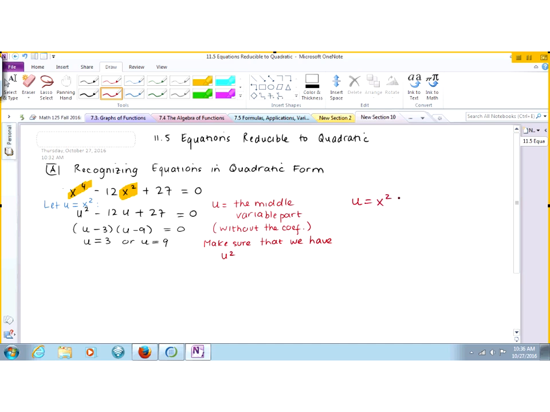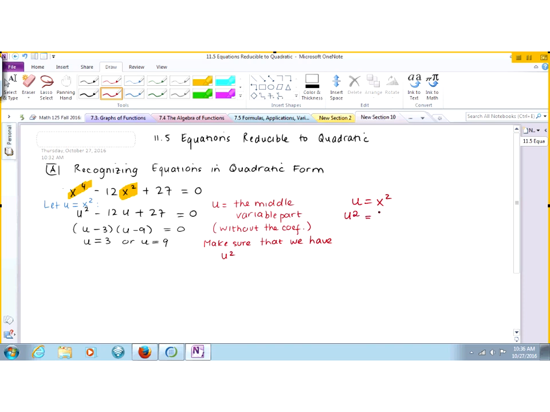So let's just say let u equal x squared. Why do I choose x squared? Because that's the middle variable part. Does it include the 12? No, it's just the variable part without the coefficient. Now, do I have a u squared?